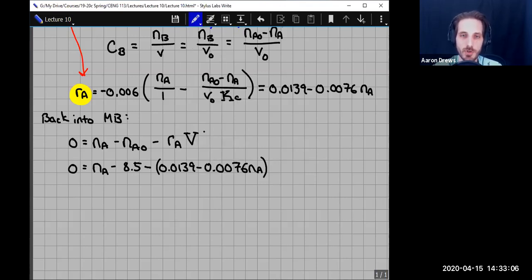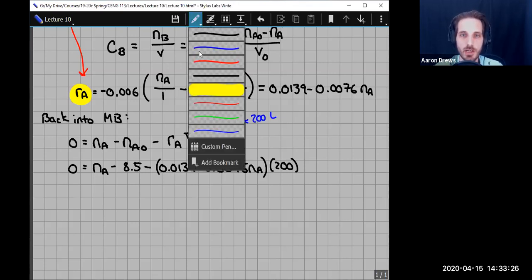Because remember our V was given as 0.2 cubic meters, but all of our concentrations are in terms of liters. So we have to multiply that by 1,000 to get 200 liters here. That was given in the problem statement too. So all of this times 200 in order to get liters.